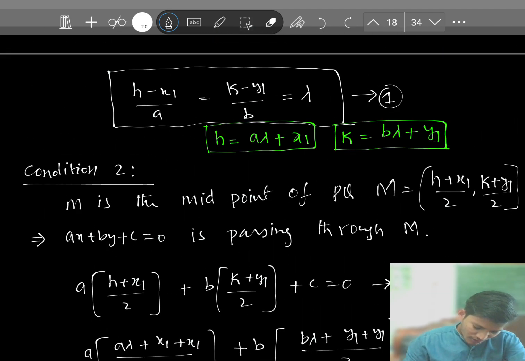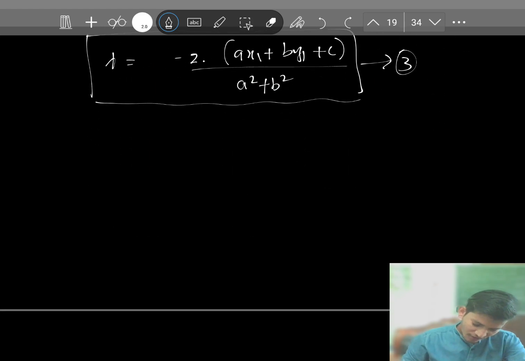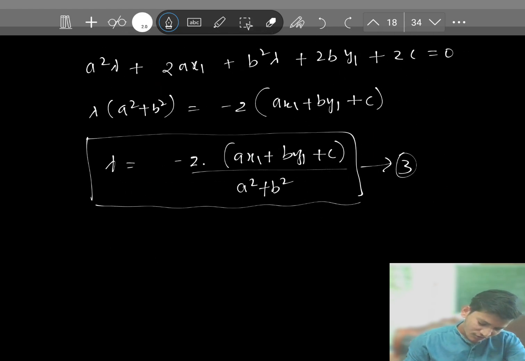So from condition number 1 I have developed equation number 1, and from condition number 2 I have developed equation number 3.